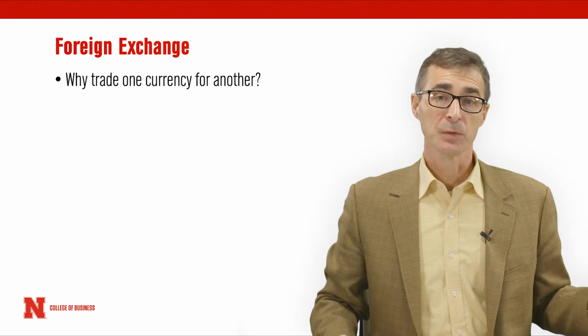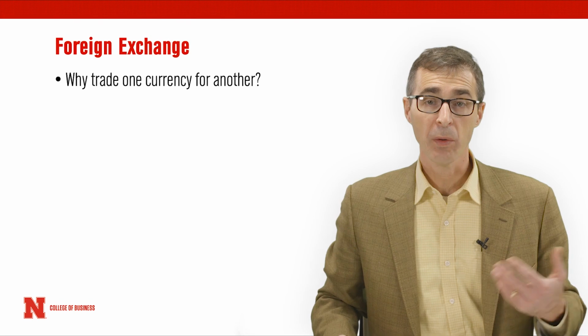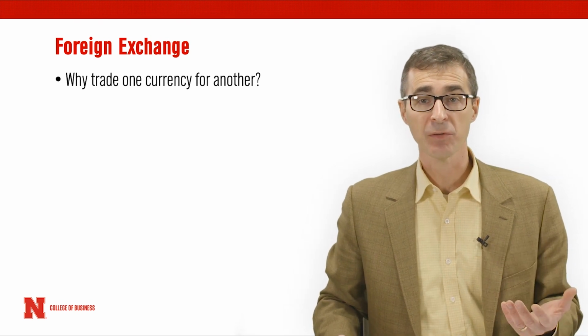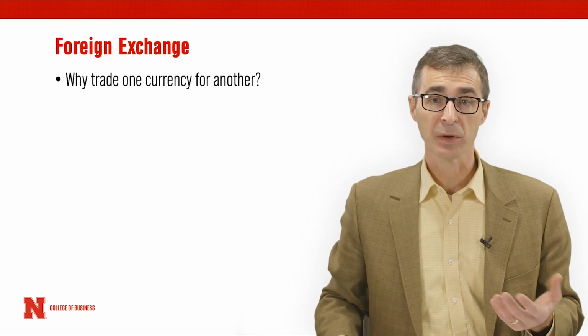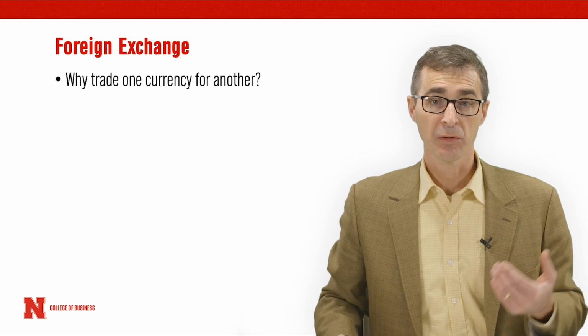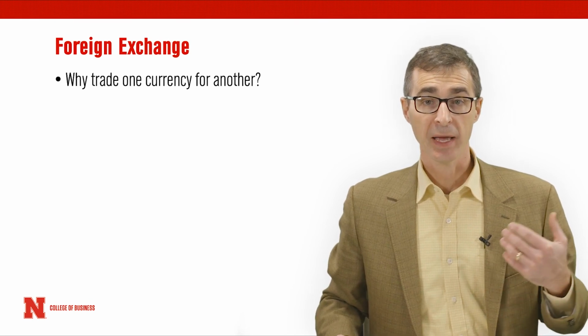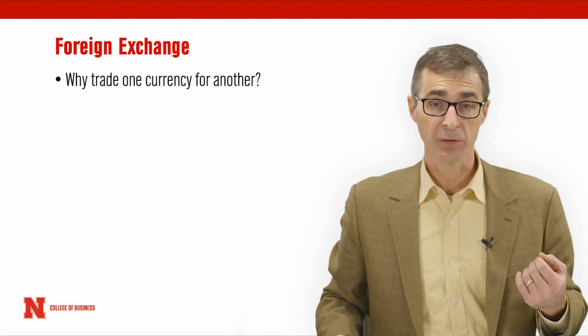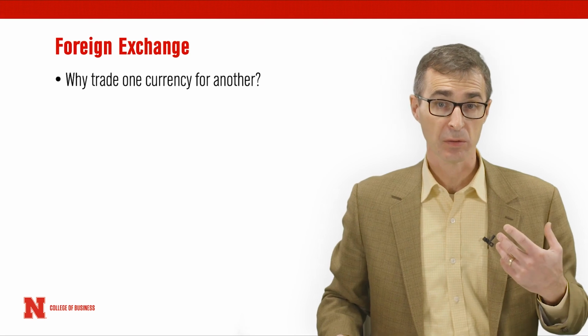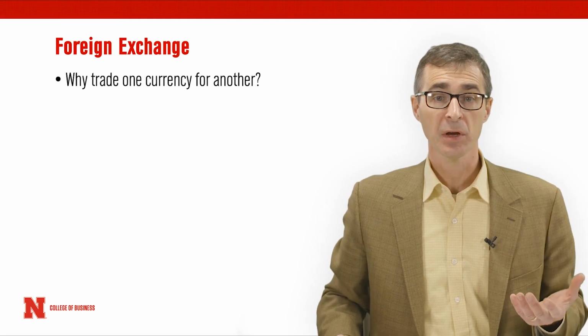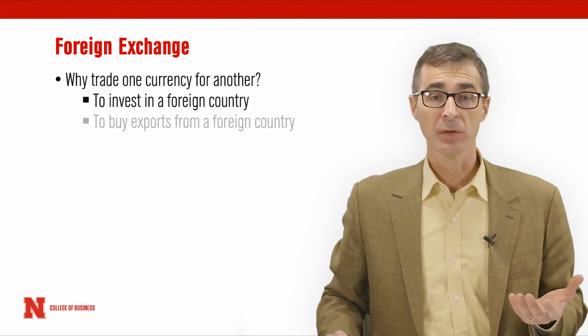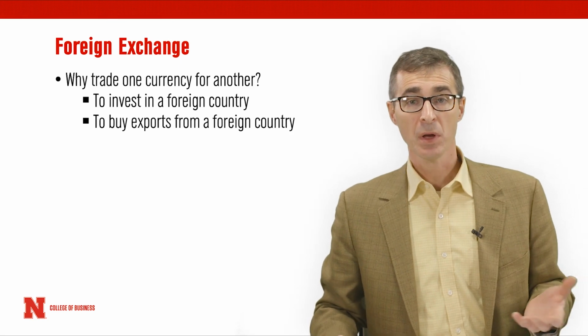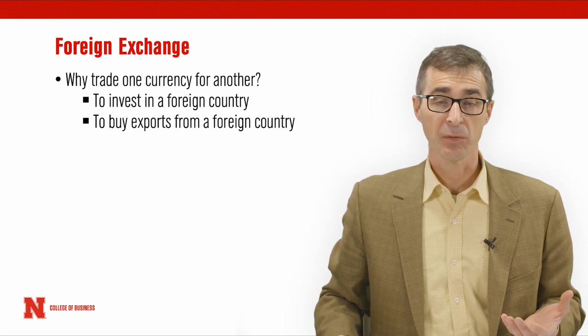Well, either to invest in a foreign country or to buy import goods. To invest in a foreign country requires that you exchange your domestic currency for the foreign currency. To buy exports from a foreign country require you also to exchange your domestic currency for the foreign currency. So these are two reasons why an individual might want to trade in the foreign currency market.